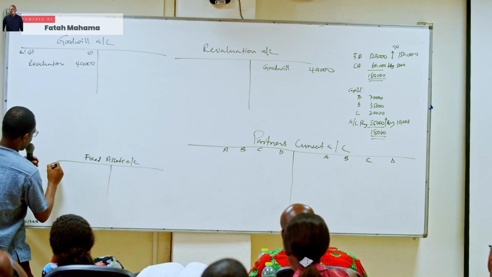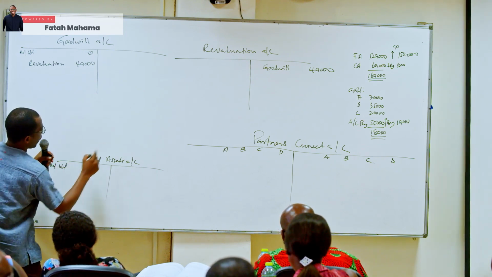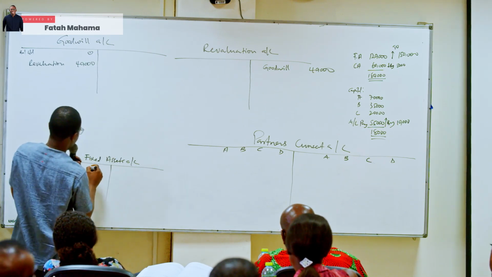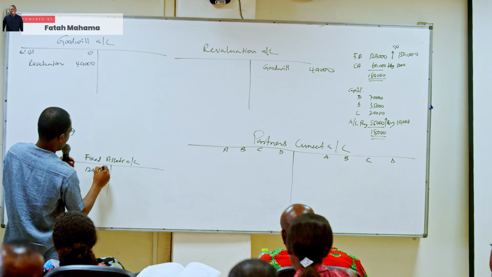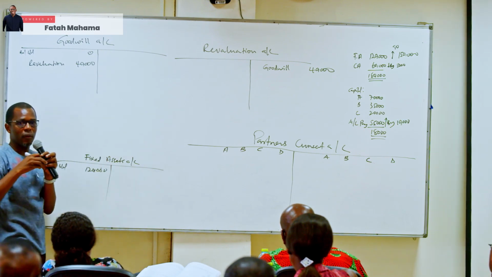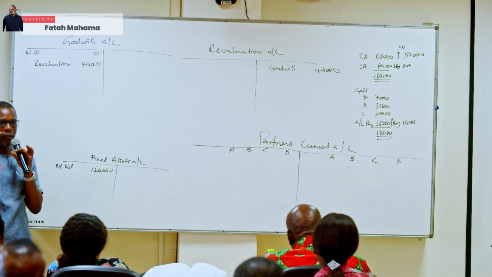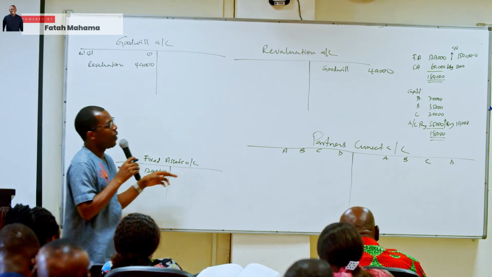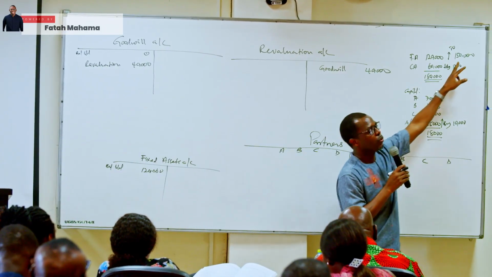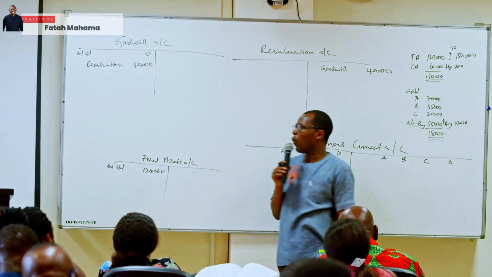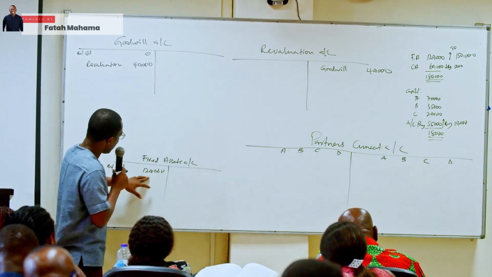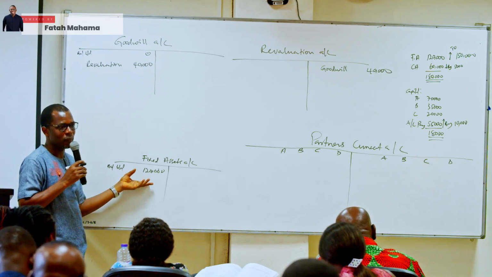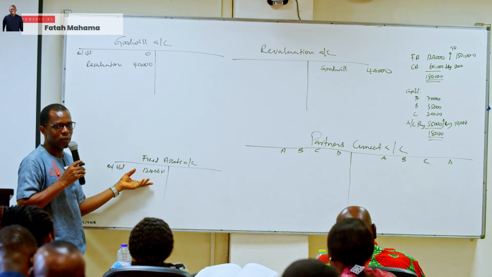So my balance on that is what? 120,000, right? Are we together? The balance is 120,000. The examiner is saying that this balance must go up to 150,000. The only way I can get this to move to 150 is by adding 30,000 to it. Is that not it? Okay.